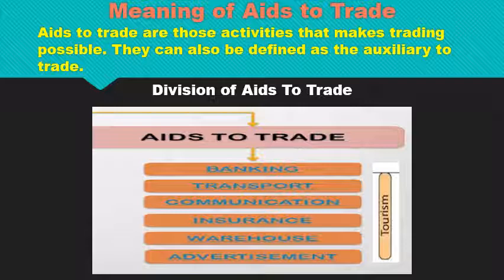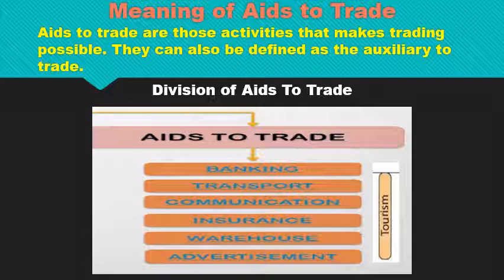This is essential information because without advertisement, a lot of goods that have been produced will not be known by the consumers who need them, and if the consumers do not know about these goods and services that are being produced, automatically production is not complete. Then the last one is called tourism.